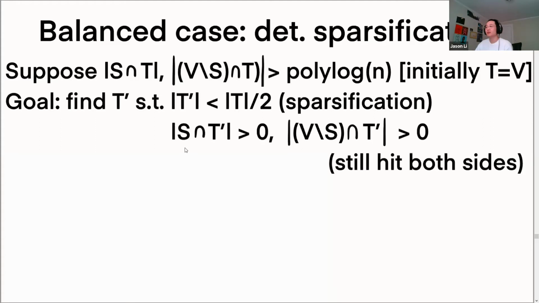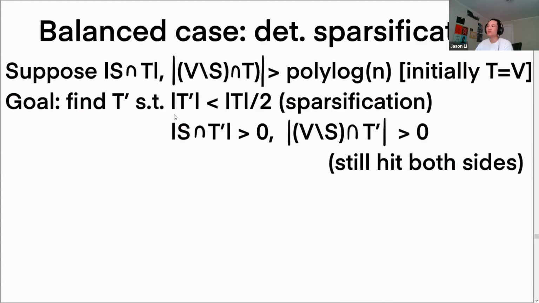So S and V minus S both still have at least one vertex in T prime, right? Because once we don't have that property, we're kind of dead because we don't have a single hitting vertex on one side of the min-cut. So we still want this property.